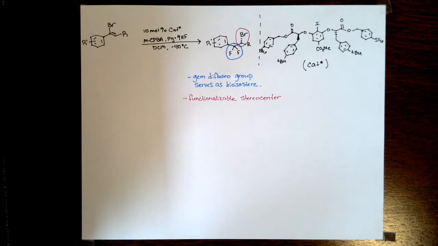agrochemistry, and materials chemistry. But if you look at the numbers of compounds that use them in these industries, there is a large gap between the industrial uses of these carbon-fluorine bonds and what is found in nature.